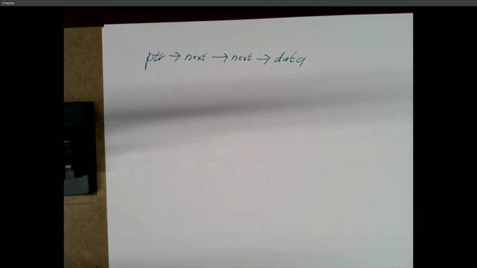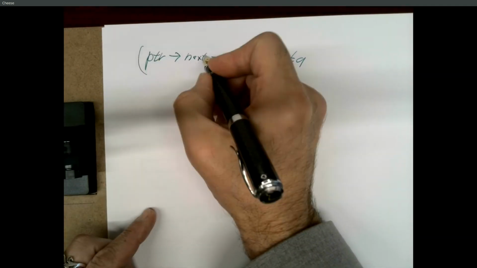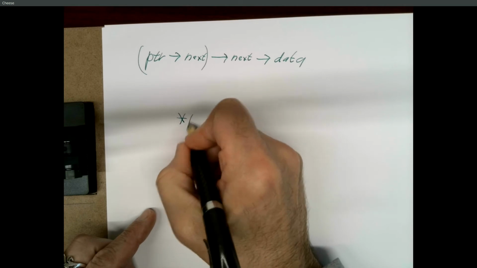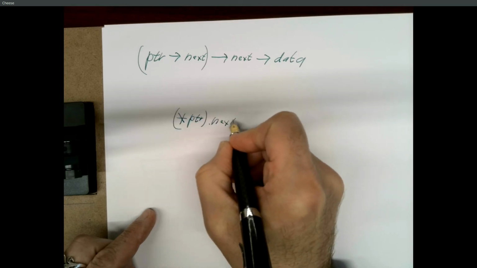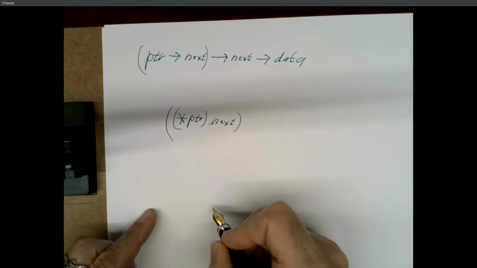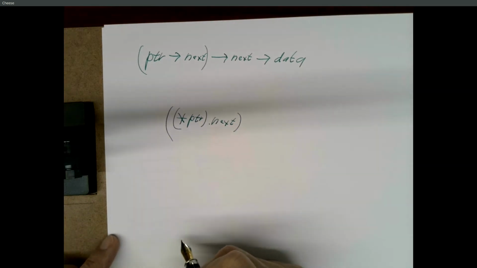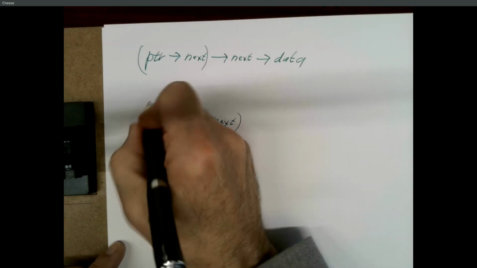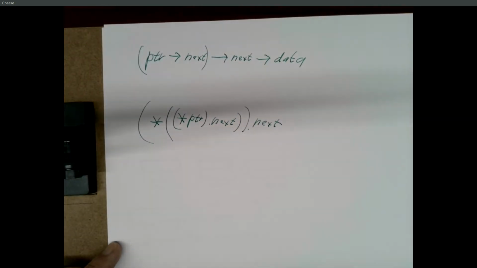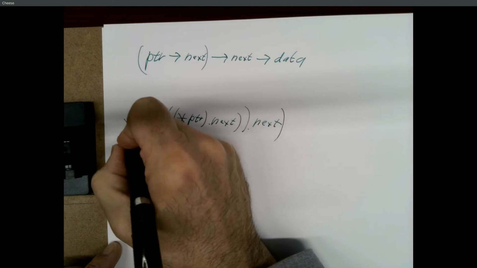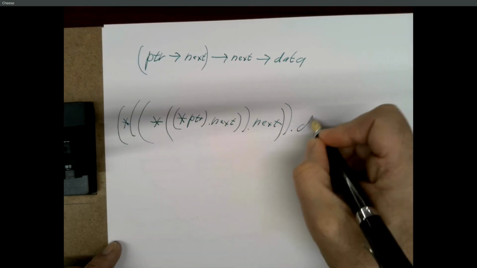But remember, we can also do this without the arrow notation. Instead of PTR arrow next, we can say dereference PTR and give me the next field. And to find what that's pointing to, we can dereference this and give me the next field. And to find the data value of that node, we can dereference that and give me the data field.